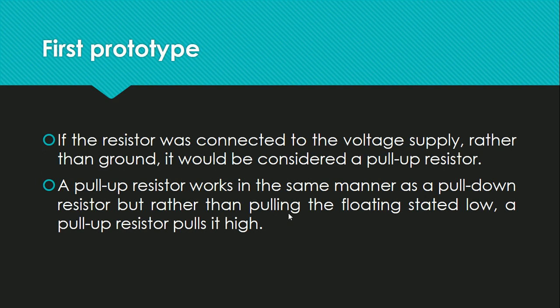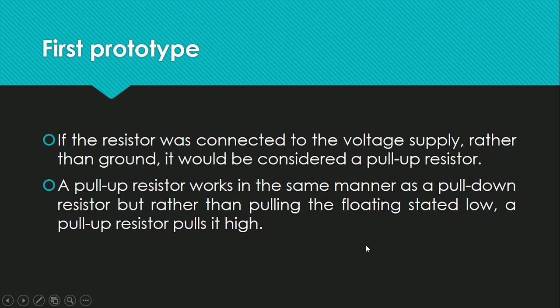And then another one: if the resistor was connected to the voltage supply rather than ground, it would be considered a pull-up resistor. So if a pull-down resistor is connected to the ground to force the floating state to low, a pull-up resistor is connected to the power source to force the floating state to high or on.